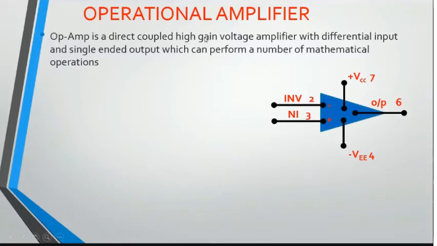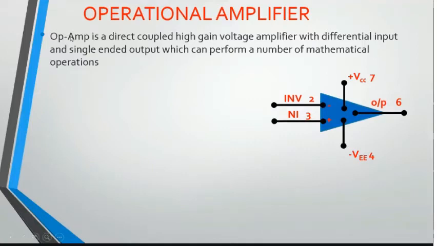The actual definition of operational amplifier is a direct coupled high gain voltage amplifier with differential input and single ended output, which can perform a number of mathematical operations. Whatever I have shown in the slides before is for your understanding. But when you are writing the definition of any particular quantity, you have to write it in precise words.